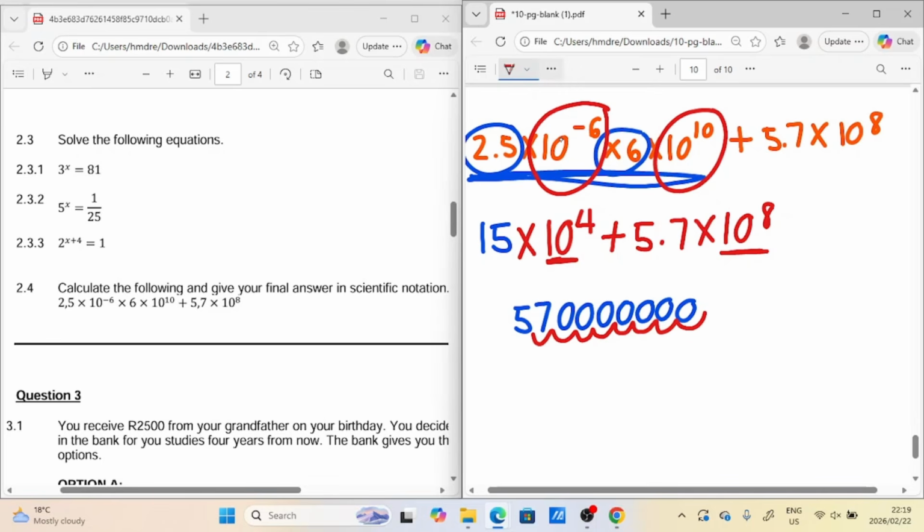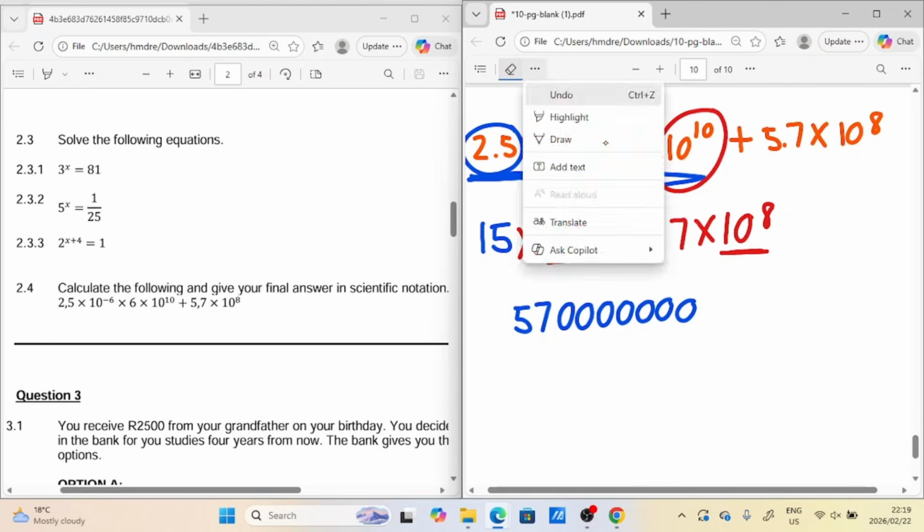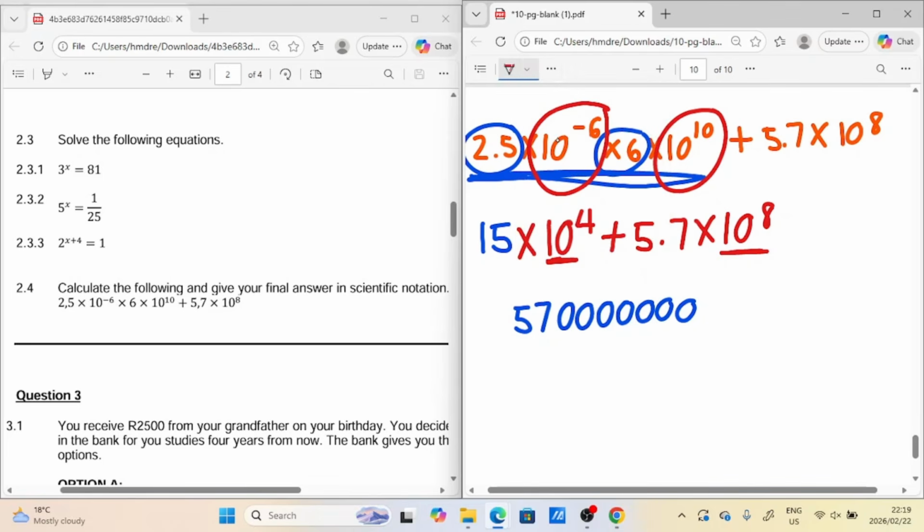Yeah, so that's times 10 to the 8. And then the next one we're going to add is this 15 times 10 to the 4. So that is going to be 15. Let's see, 1, 2, 3, 4. Yep, that's right. So it's going to be like this.